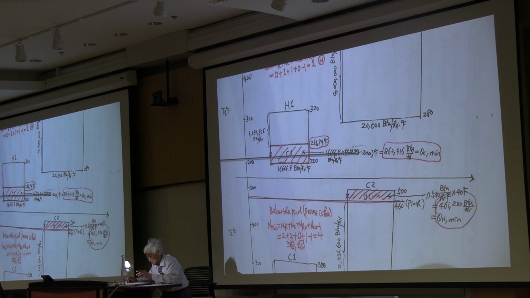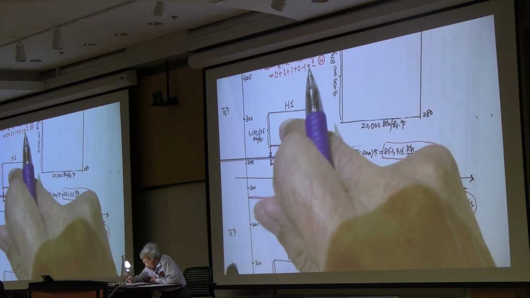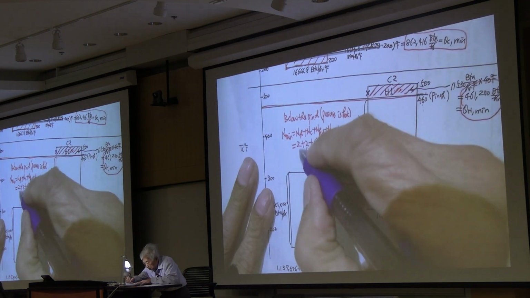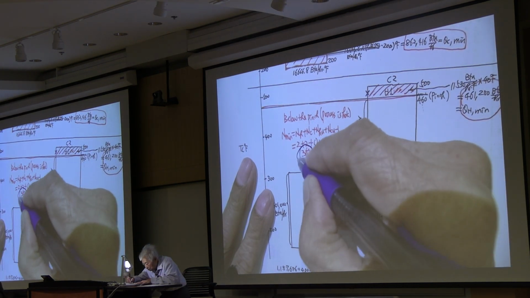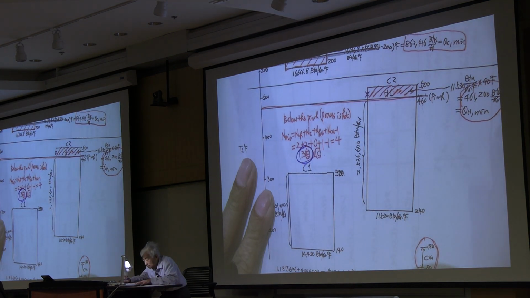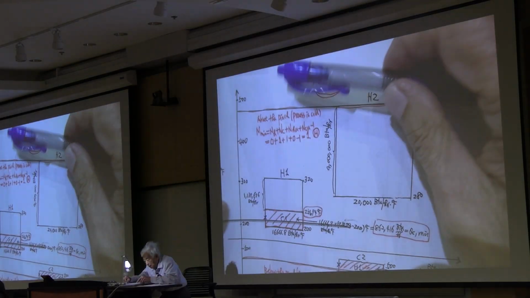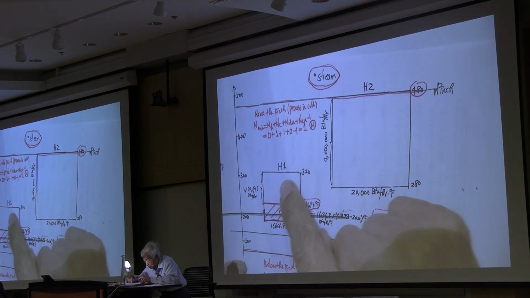Now, below the pinch, we need to put 2 more exchanger. Hot stream below the pinch, you have 2 blocks.